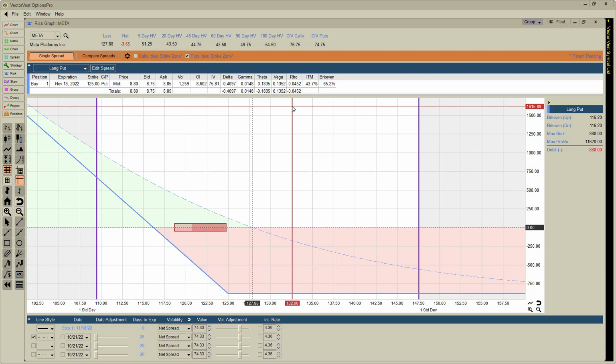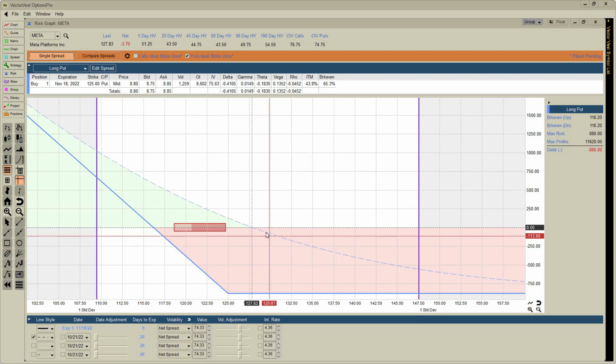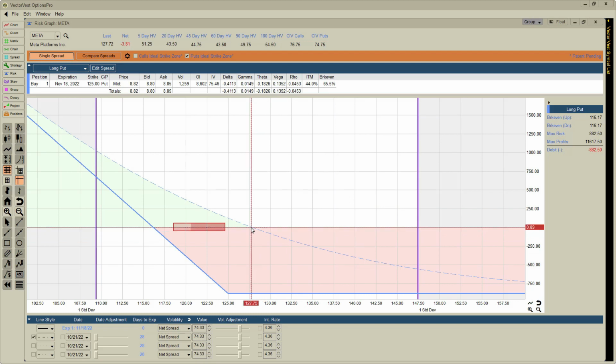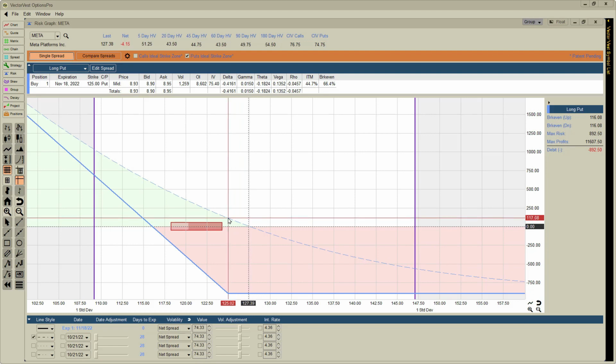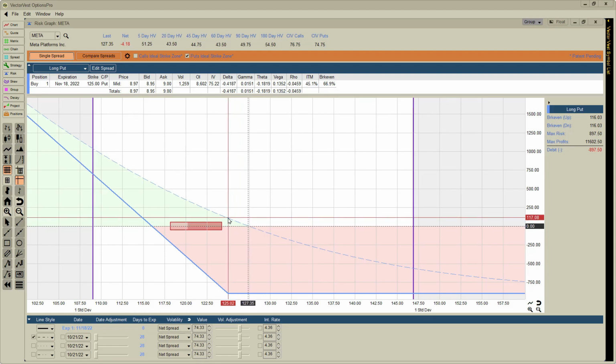Now, here's what happens as the trade starts to move. You can see that as the trade starts to move down, this dashed line, this is your profits and losses. So if the trade moves down to 125 in one day, yes, you would have profits on this trade.